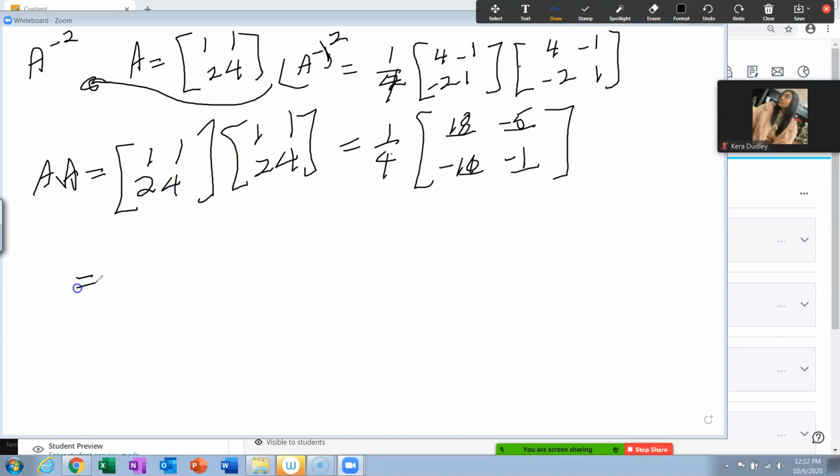Multiply those together and you get a 2 by 2. 1 1 entry will be 1 plus 2 is 3. 1 plus 4 is 5. 2 plus 8 is 10. 2 plus 16 is 18.